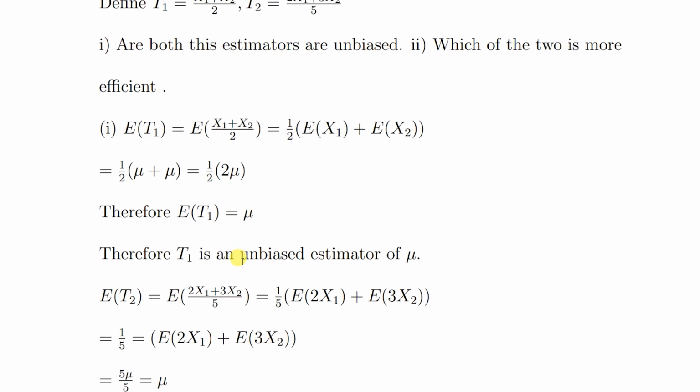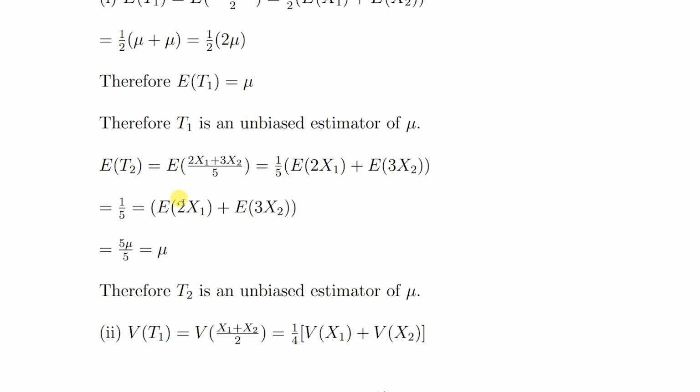Similarly, we consider the expectation of T2, which is equal to the expectation of (2x1 + 3x2)/5. Here T2 is (2x1 + 3x2)/5. So we apply the value of T2, which is 1/5 into expectation of 2x1 plus expectation of 3x2.